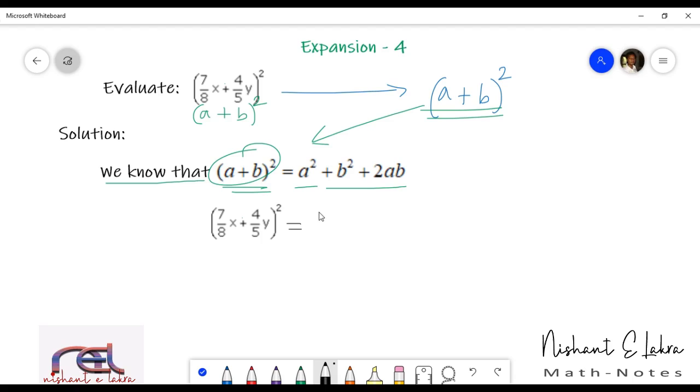In the question, a is 7/8 x. So that is what we'll be writing, (7/8 x) whole square, plus b square. And what does b represent in the question? 4/5 y.